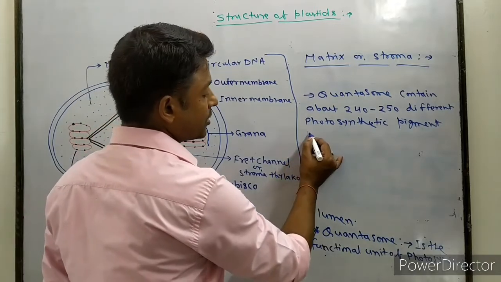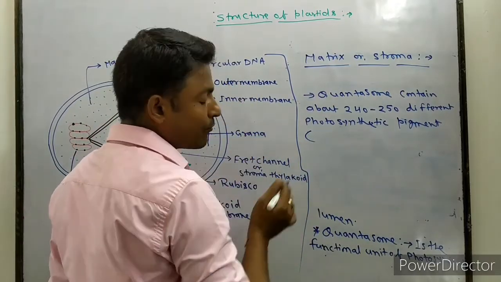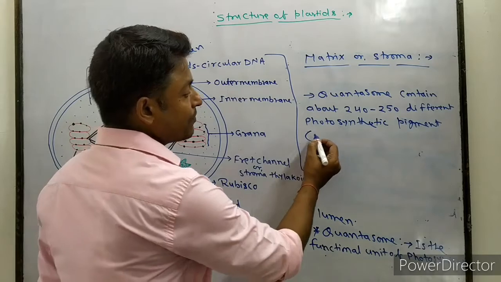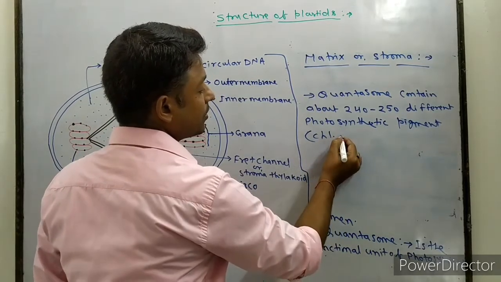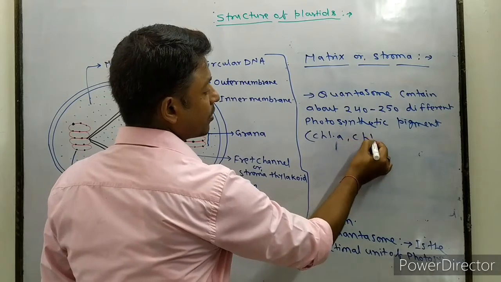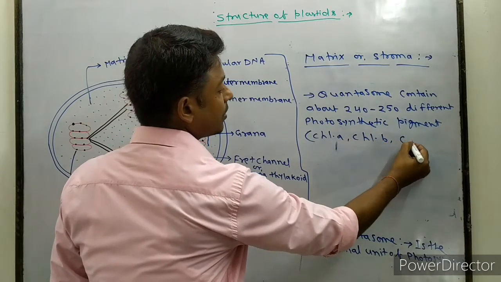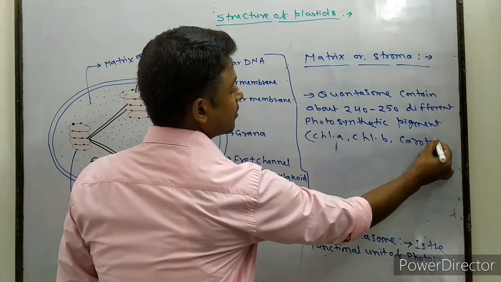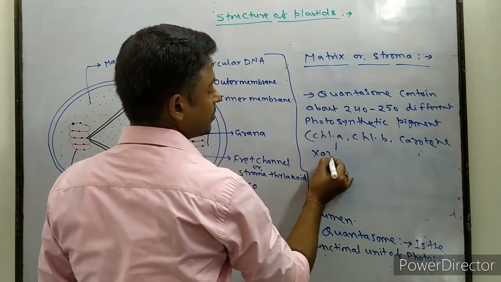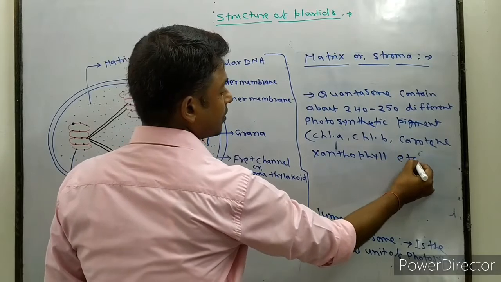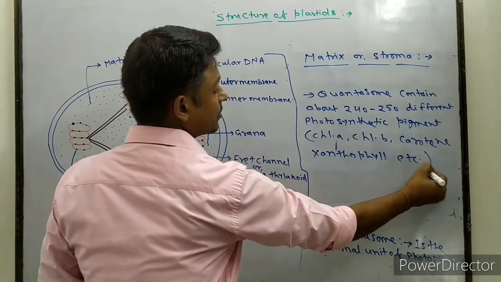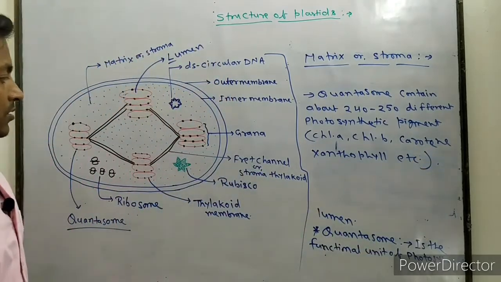Which types of photosynthetic pigment are present here? Chlorophyll A, chlorophyll B, carotene, xanthophyll, etc.